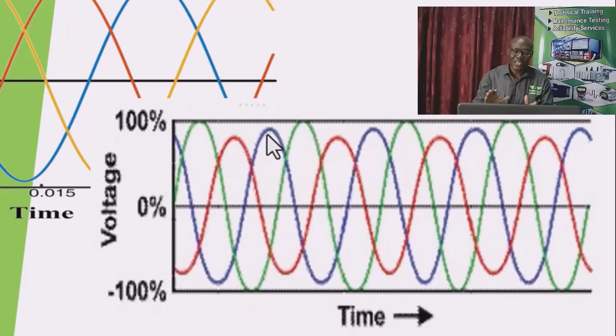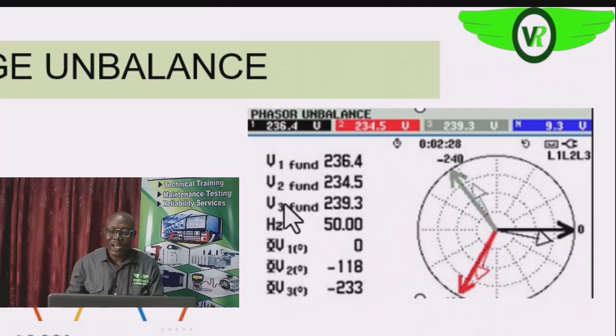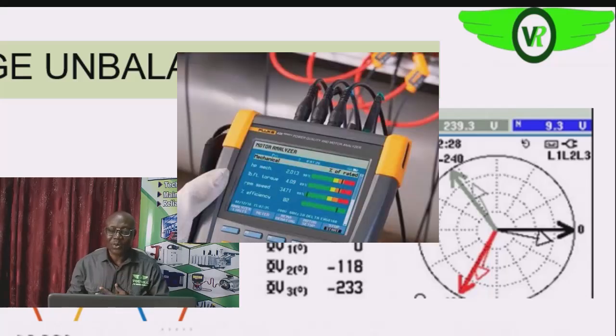We'll see the reason why we need to protect our electric motor system against unbalance when it occurs. If you have equipment or an instrument that you can use to look at the power quality in your system, you have this kind of display on such equipment, that is, power quality analyzers or meters.